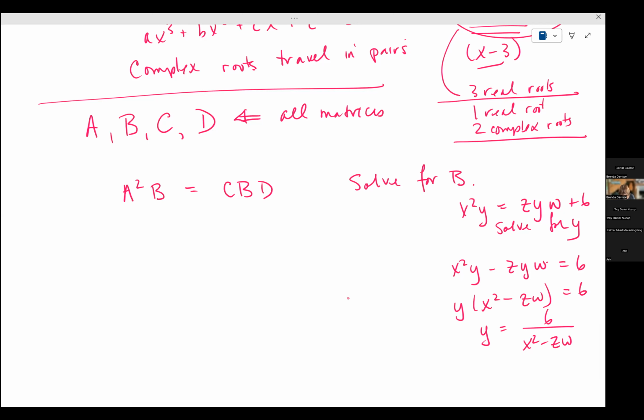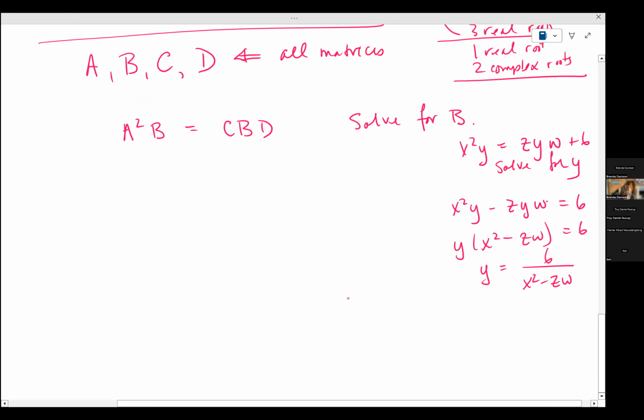And at this step right here, I would be very careful to say if x squared minus zw is not equal to 0. Otherwise, this doesn't make sense.